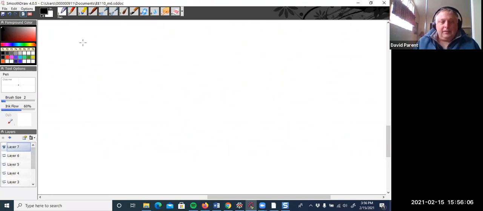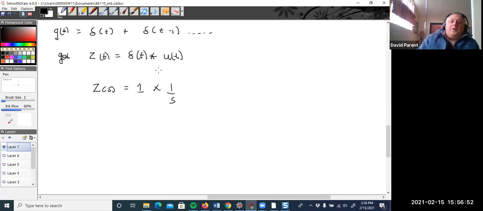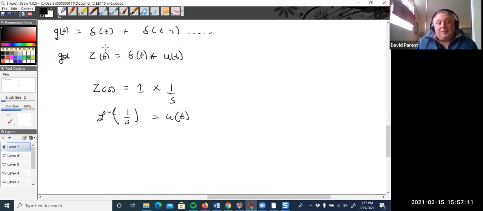You can find the common function in the Laplace domain as well, in that we recognize that z of t equaled delta t convolved with u of t, so that z of s would equal 1 times 1 over s. And the inverse of 1 over s is u of t.